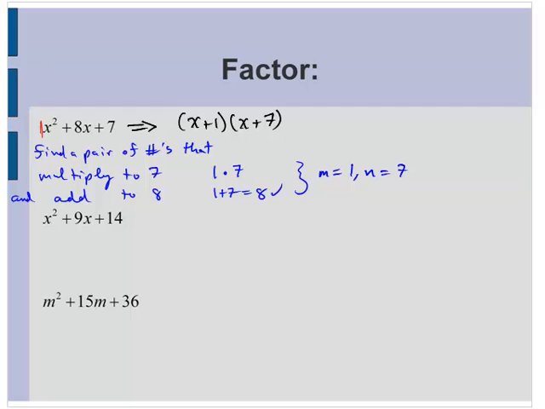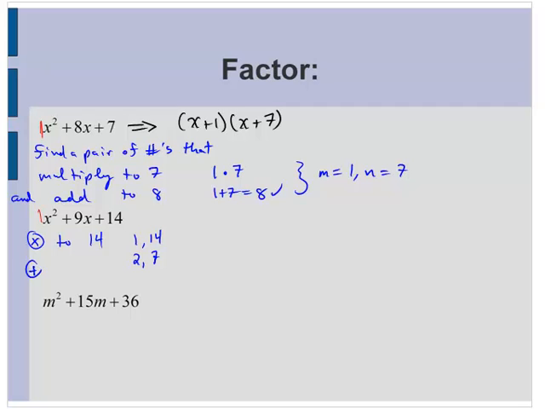Alright, so let's try another one here. x squared plus 9x plus 14. Again, the lead coefficient is 1. So I want to find a pair of numbers that multiplies to 14. Well, there's a couple of pairs of numbers that do that. We have 1 and 14, 2 and 7.